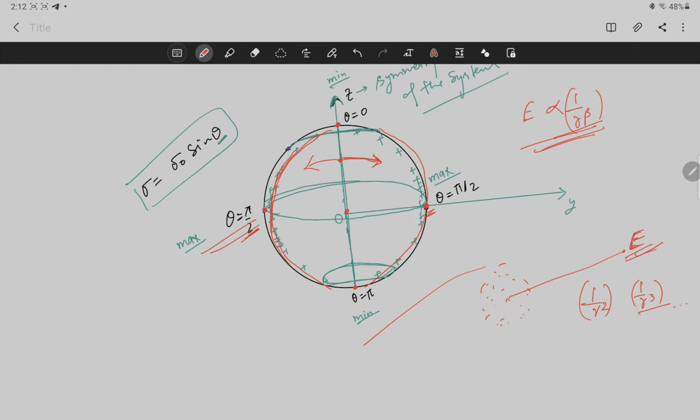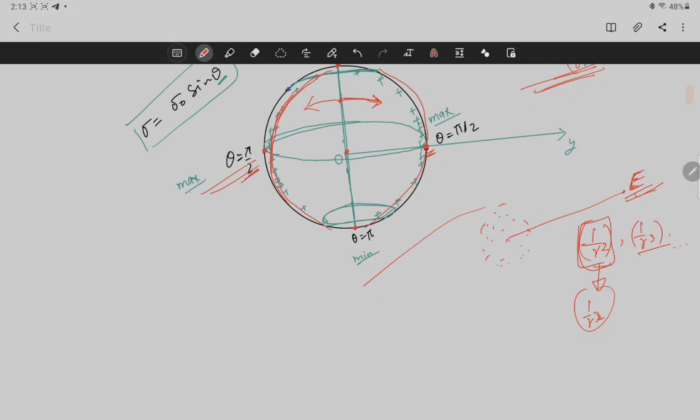So we see that if the total charge is not concentrated at a single point, and the total charge is zero, then the 1 over r square term vanishes.